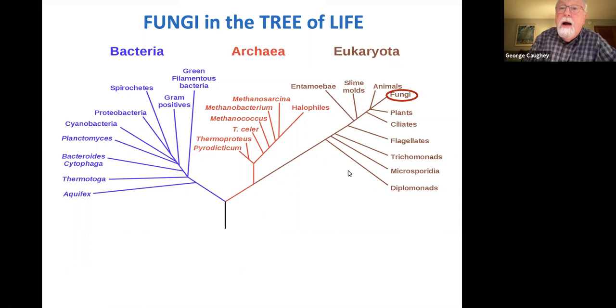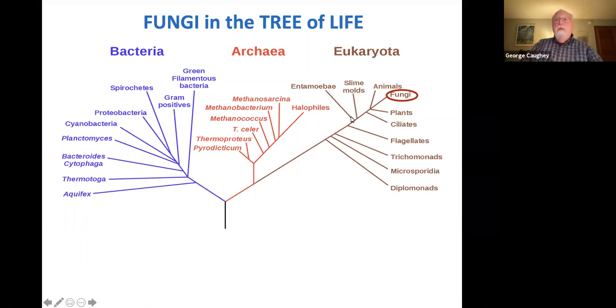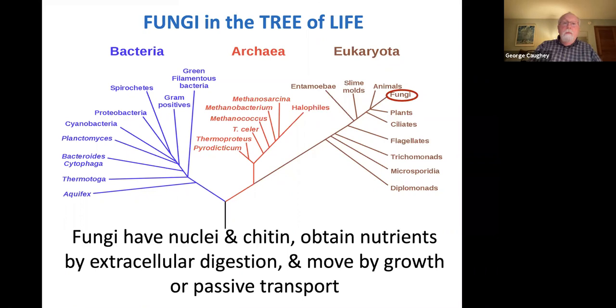Eukaryotes have nuclei, and the fungi are one of many kingdoms, if you want to call them that, well-defined groups within the nucleated cell group that includes us, animals, and plants, but also includes a lot of other things like amoebas and slime molds and so on that are very different, but are sometimes confused with fungi. More about that in a minute.